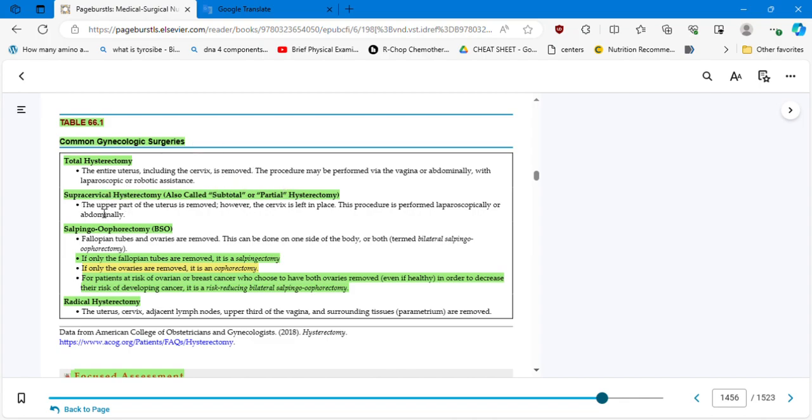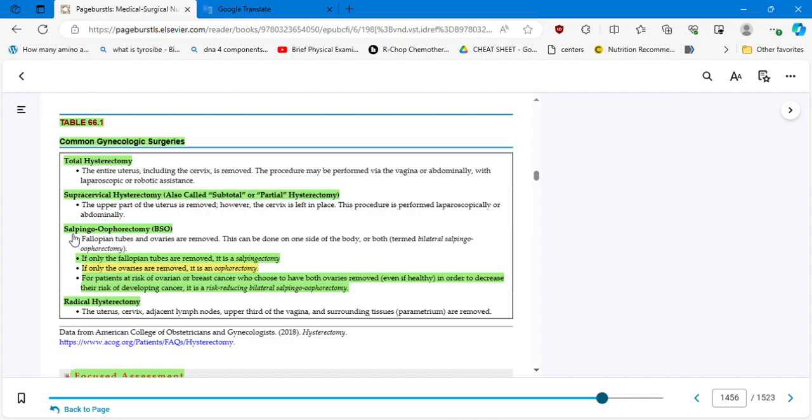Then you have the supracervical hysterectomy, also called subtotal or partial hysterectomy. It is the upper part of the uterus that is removed. However, the cervix is left in place. So it's the upper part.